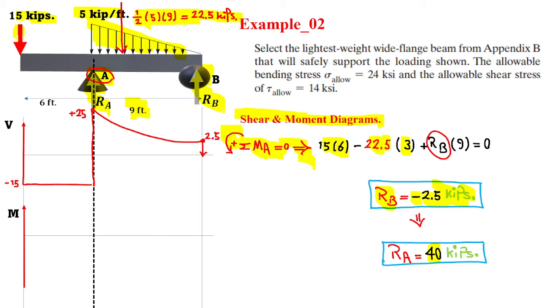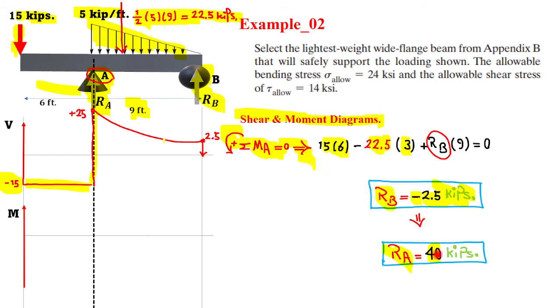Now for the shear diagram, we just came down by the amount of negative 15, with nothing to disturb us from here to here. Then all of a sudden an upward push equal to the reaction RA, which is 40.